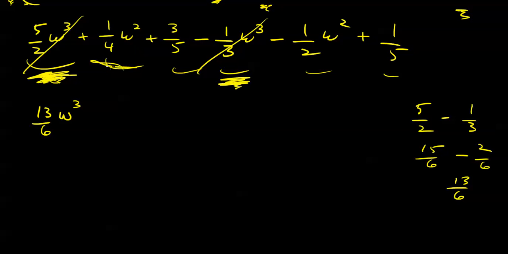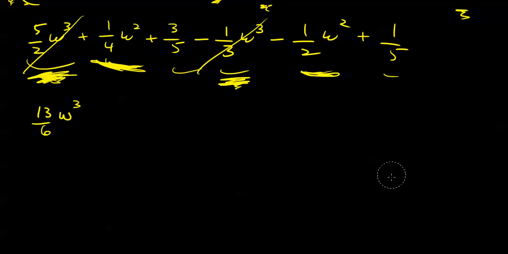Next, I'll combine the degree 2 terms. Well, this I think we can do in our heads. 1/4 minus 1/2. Well, maybe not. Let's write it out. If I add or subtract those coefficients as indicated, 1/4 minus 1/2. Well, 1/2 is 2/4, and 1/4 minus 2/4 is minus 1/4.